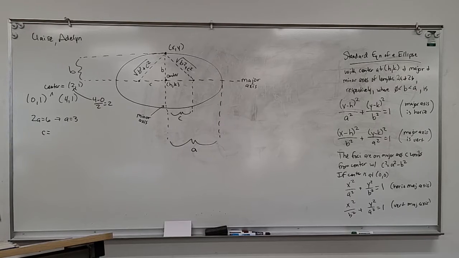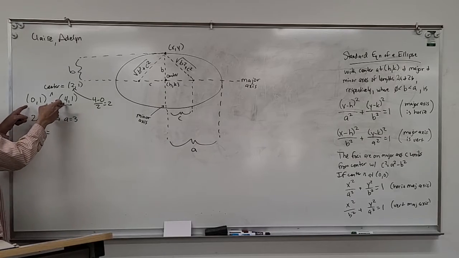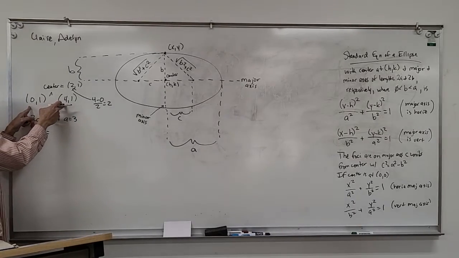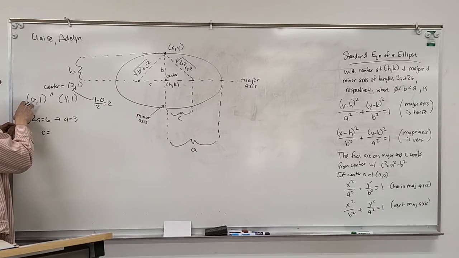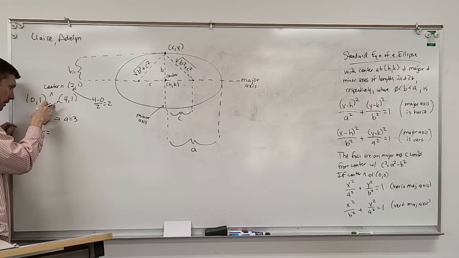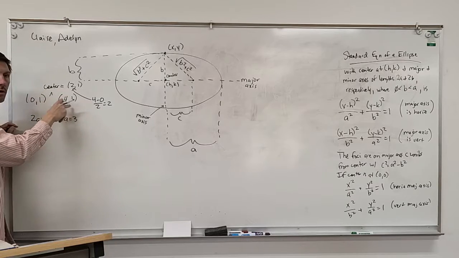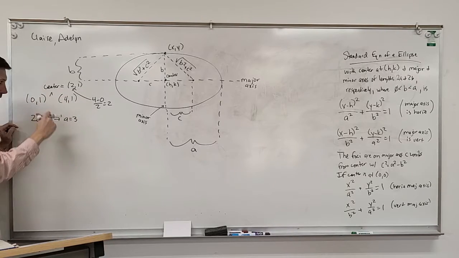We've got a focus at (0, 1), a center at (2, 1), and another focus at (4, 1), so c has to be 2, right?